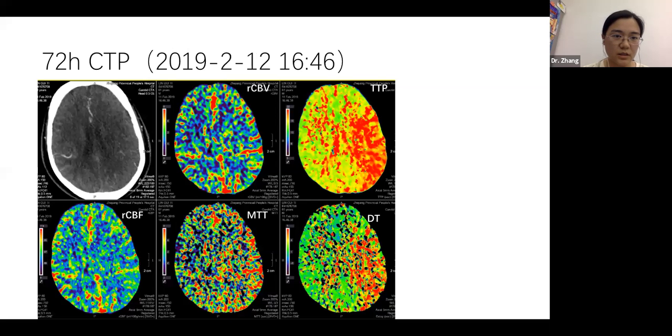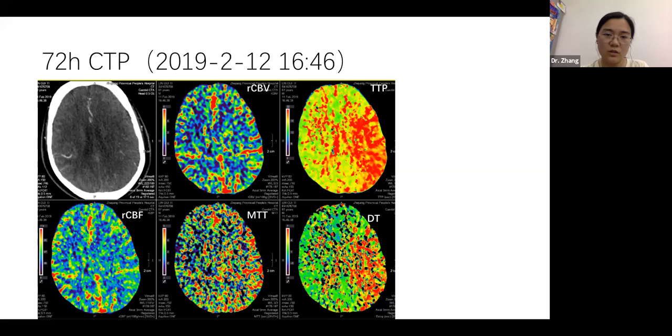And this is his third day CT perfusion. At the beginning, I don't know why he had so many CT perfusions, because in our routine, we only provide once or twice CT perfusion for stroke patients, because we want to compare the change of perfusion deficit in this patient during the hospitalization.